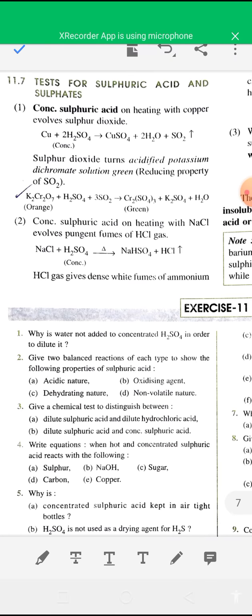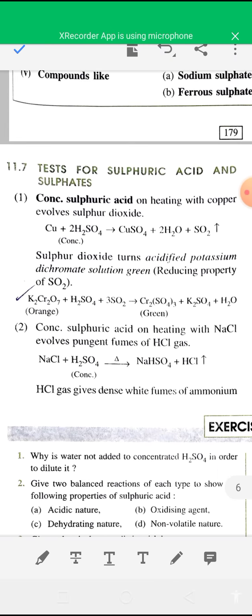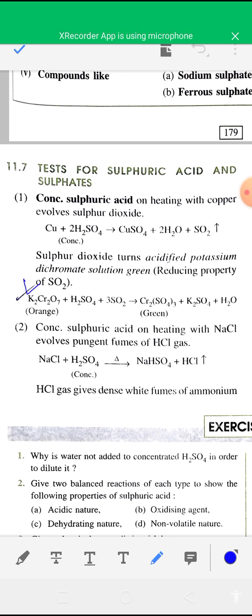And the last is the chemical identification test of sulfuric acid. When acidified potassium dichromate reacts with sulfur dioxide, green colored chromium sulfate is obtained. Using this reaction, you can identify sulfuric acid.